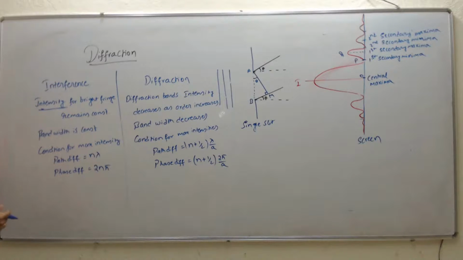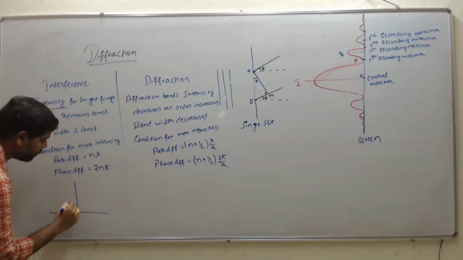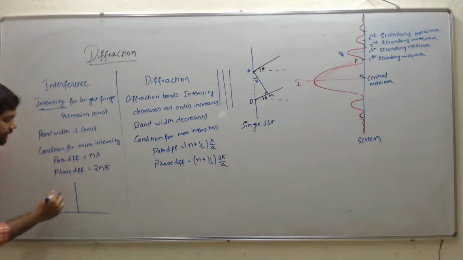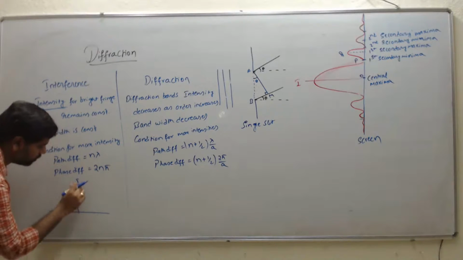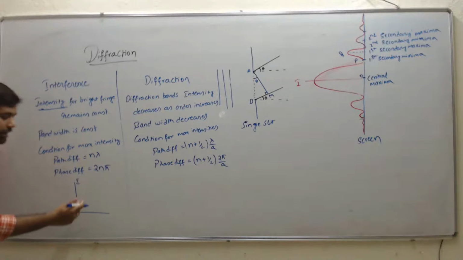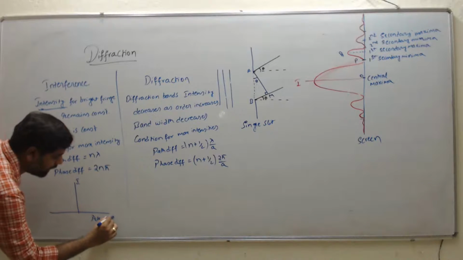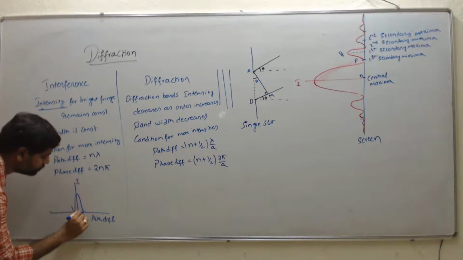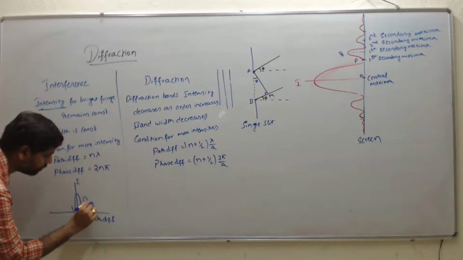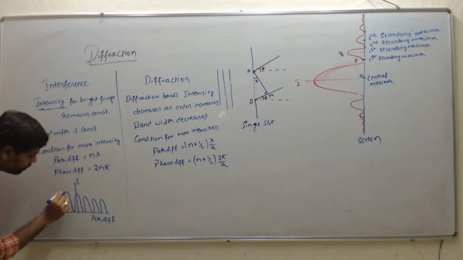Lastly, we can draw the intensity distribution curve for interference and diffraction. This one is the interference, with intensity along the y-axis and path difference along the x-axis.